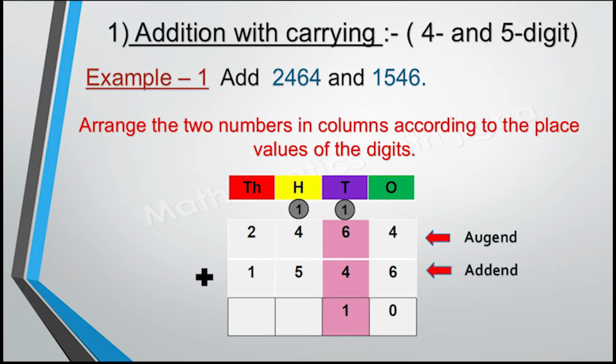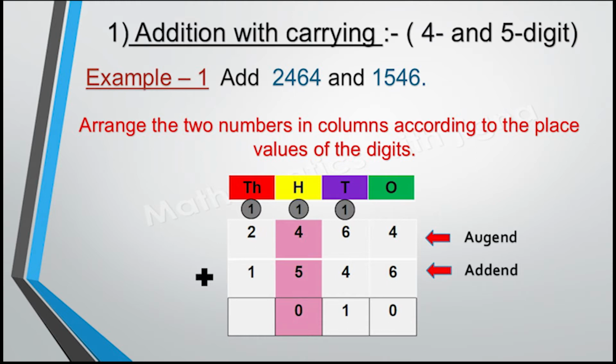Now add the hundreds 4 and 5, which is equal to 900, and add one more 100 which we carried over. So now it is equal to 10. So carry over 1 to the thousands column and write 0 at the hundreds place.